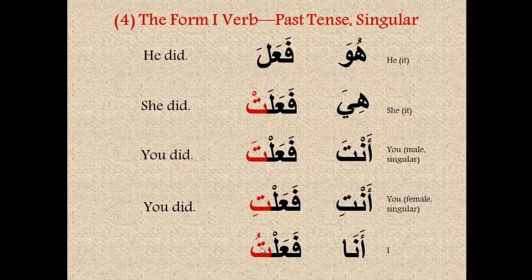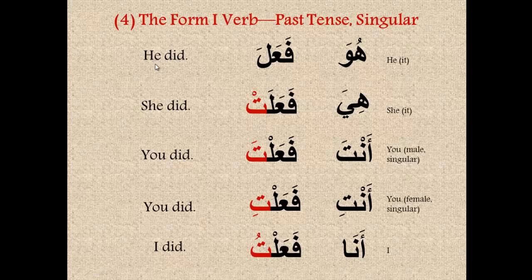The tu, ta with a dhamma on top, corresponds to ana, ana fa'altu, which means I did. Now these patterns, the ta with the sukun, the ta with the fatha, the ta with the kasra, and ta with the dhamma, this conjugation scheme is true for any verb in the Arabic language, and I'm going to demonstrate this with examples later on.